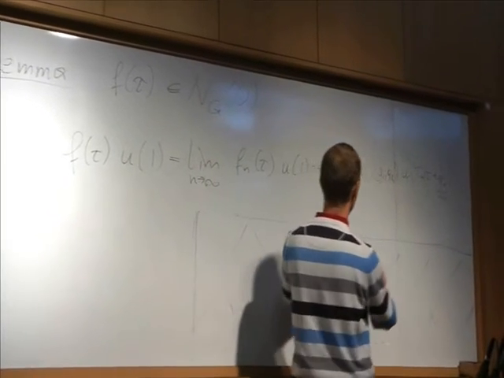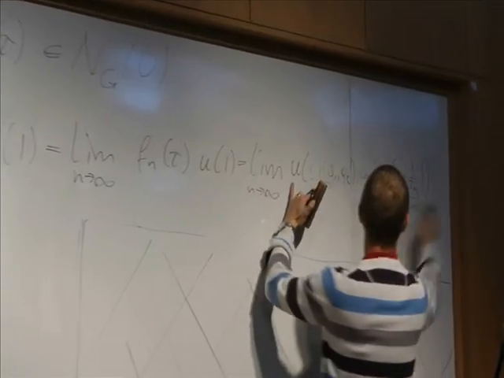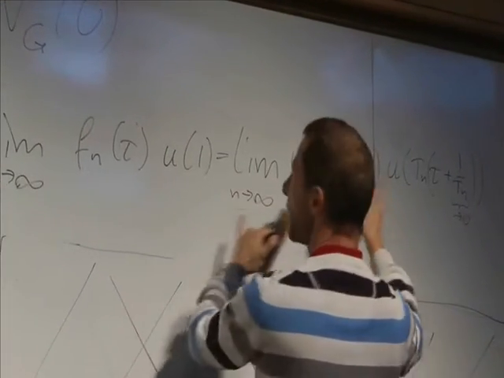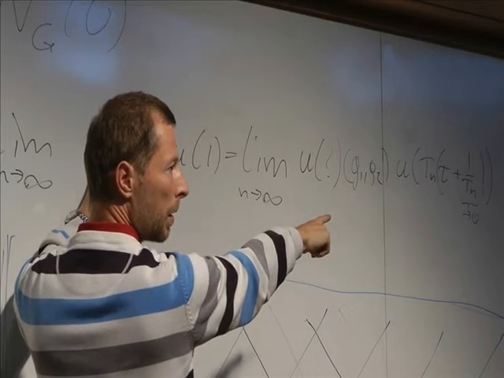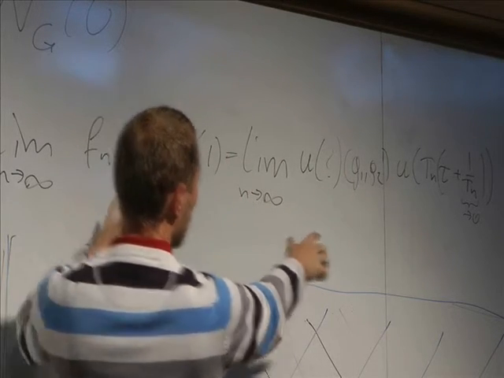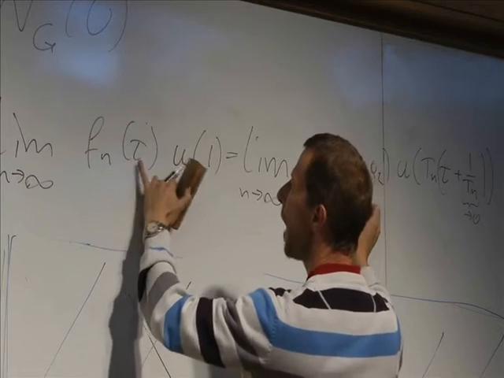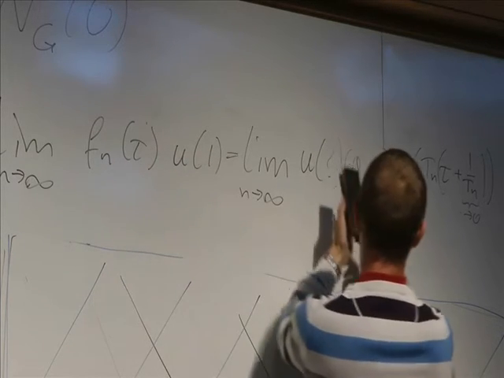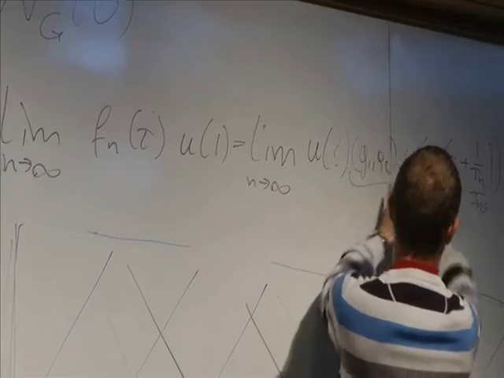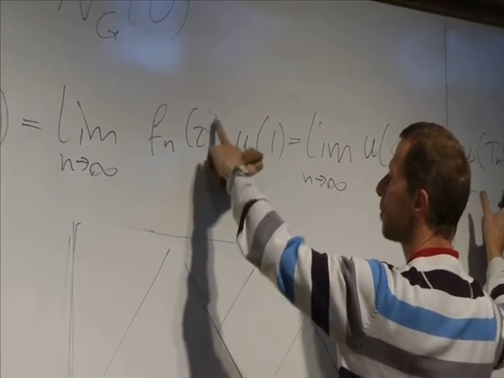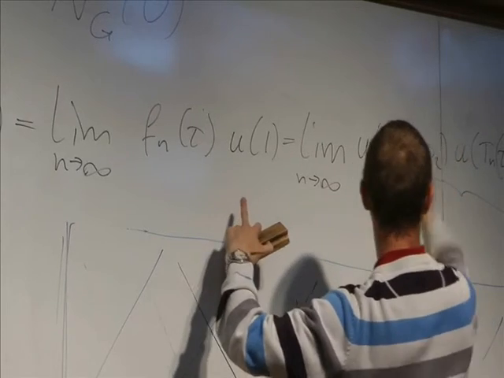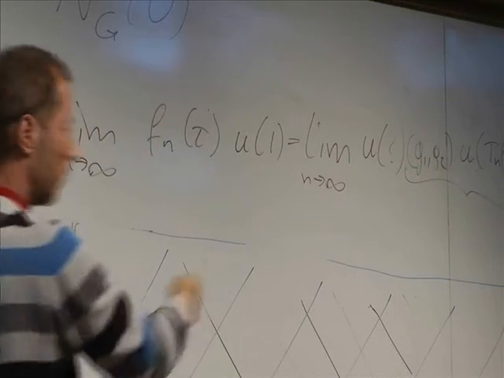I can make this whole expression look precisely like Fn of tau plus 1 over Tn. Because the Fn tau plus 1 over Tn has this part identical in the definition. But this part, the question mark, which I didn't write down, is different.